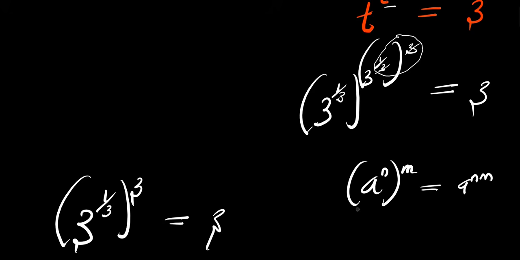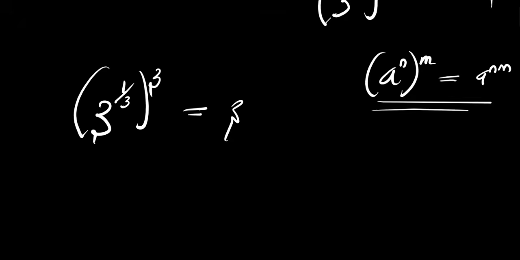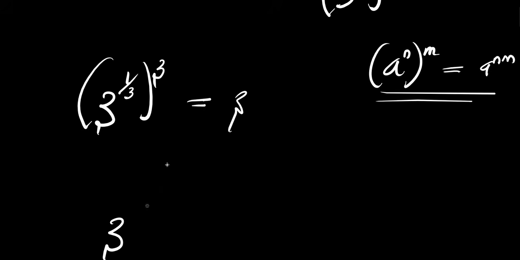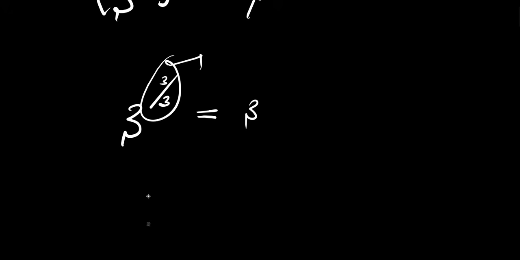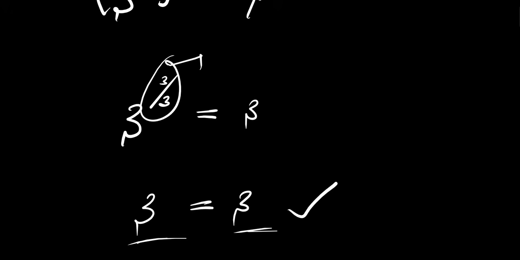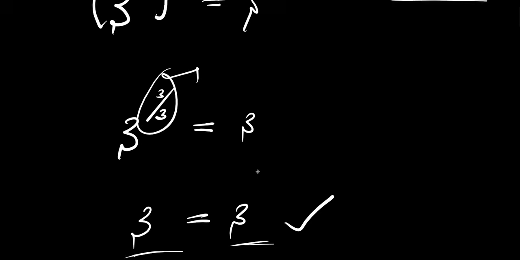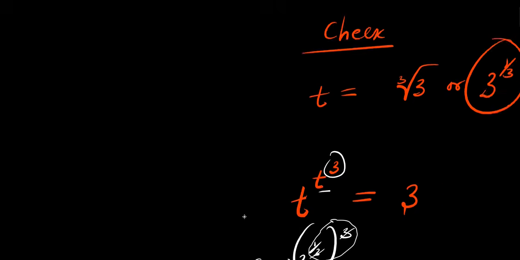Now I can also apply this identity right here. 3 times 1, that is 3. I have 3 power 3 times 1, that is 3 divided by 3 equals 3. This will give us 1. And from here, I have 3 equals 3. So both sides are the same, and this shows that our answer is obviously correct.